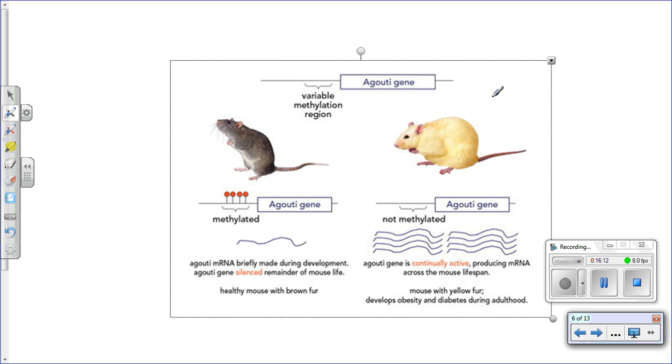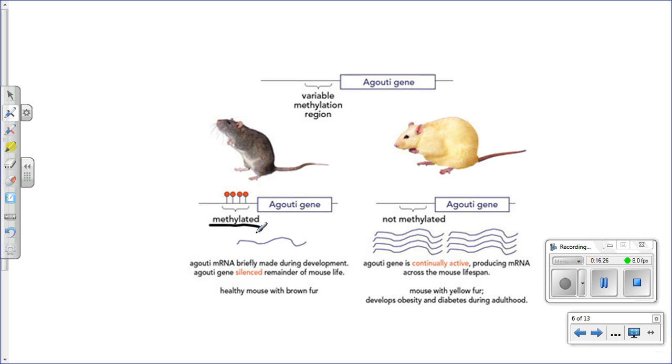This one's real good. Scientists were studying identical twins and trying to figure out why identical twins looked different even though they have the exact same DNA fingerprint. So with the agouti gene, they found organisms that were fed high amounts of methyl products. A methyl group is a CH4, or CH3 if it's bound into something.